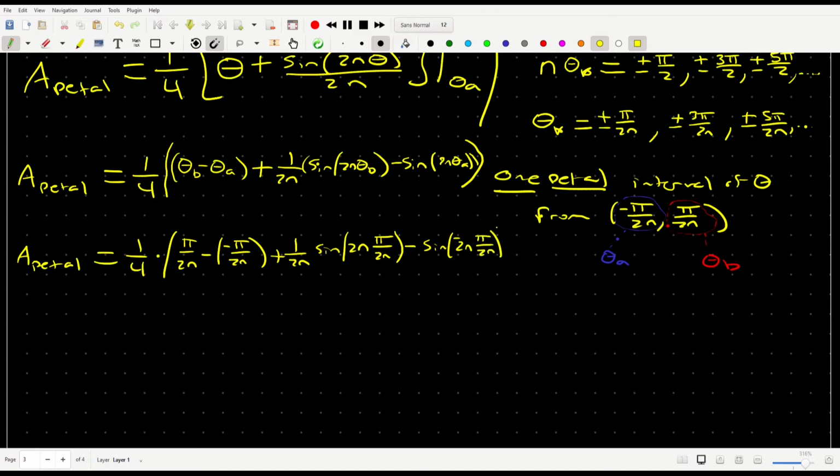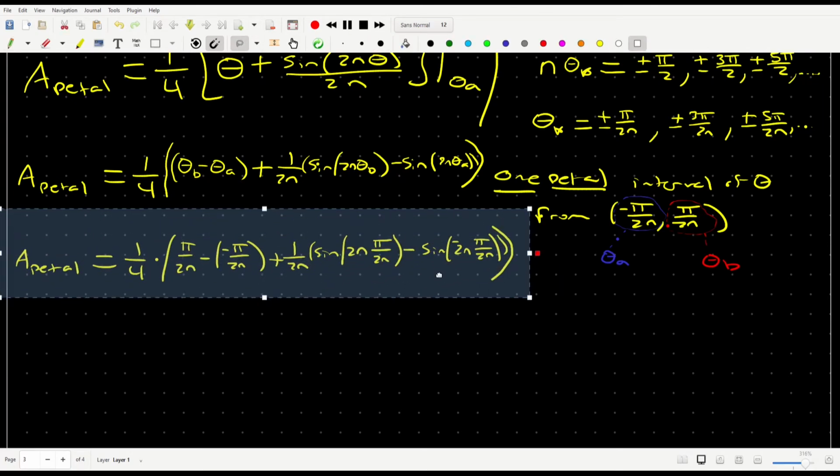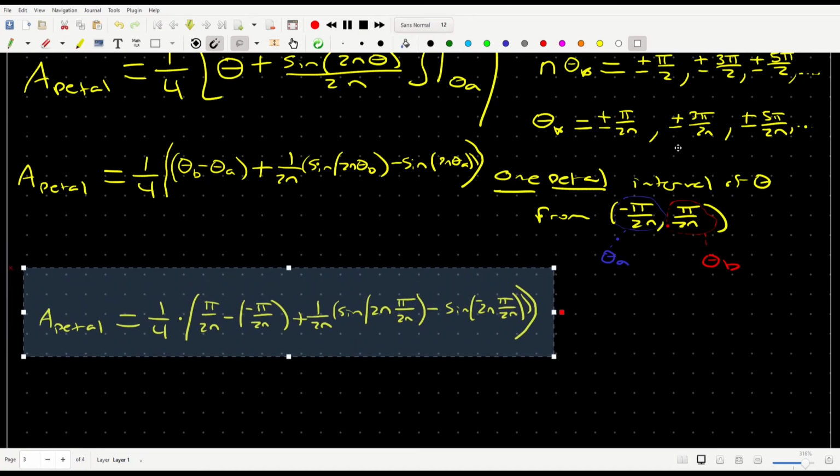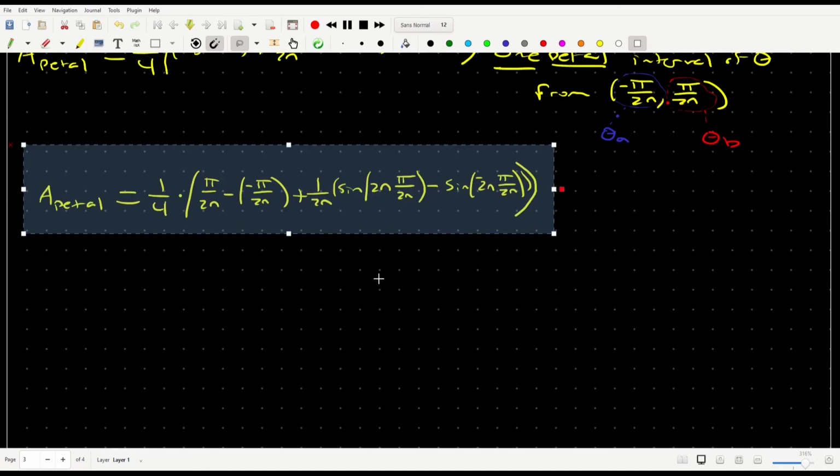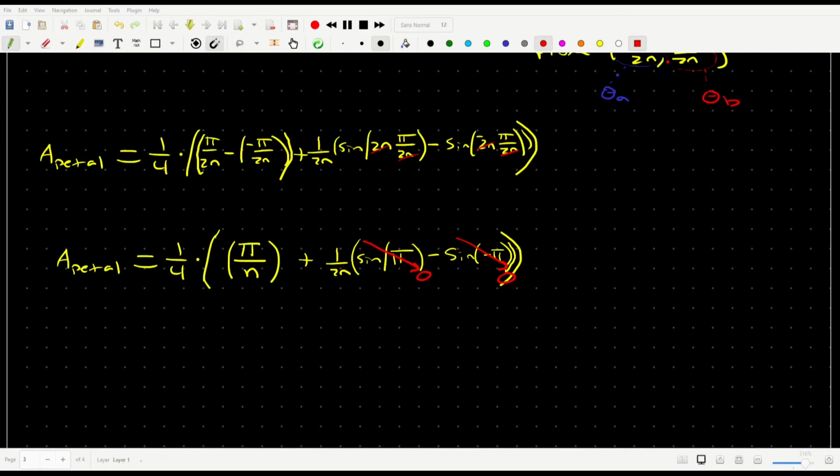So this looks a little bit complicated, but it's really not that bad. It's going to end up simplifying a lot. You have 2n over 2n, 2n over 2n. And then here we have pi over 2n minus negative pi over 2n is going to be the same thing as 2 pi over 2n, which is just pi over n. And then sine of pi is going to be 0. And sine of negative pi is also going to be 0.